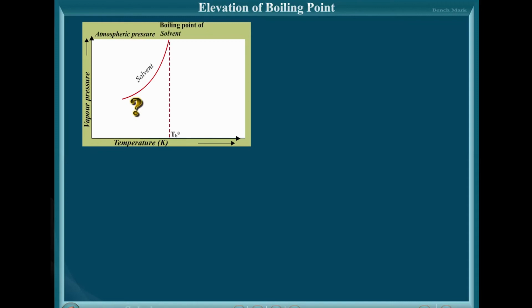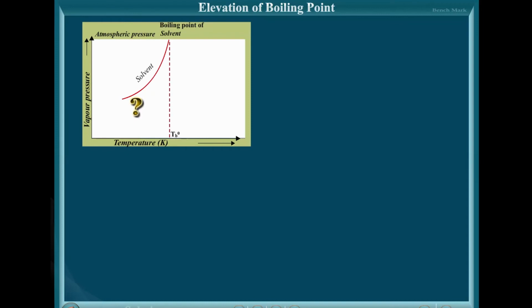The first curve you can see, this red line, is the curve of a pure solvent. From this plot, at each temperature you can find the vapor pressure, and it is at temperature TB0 that this vapor pressure becomes equal to the atmospheric pressure.